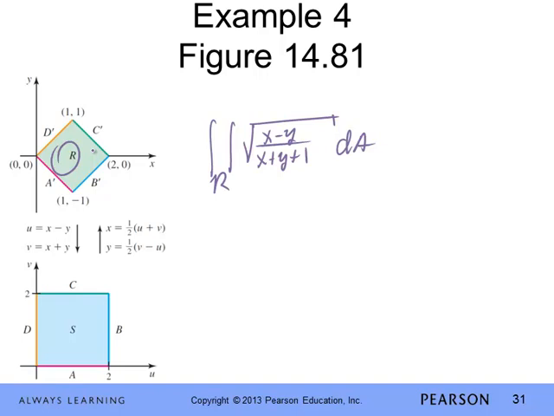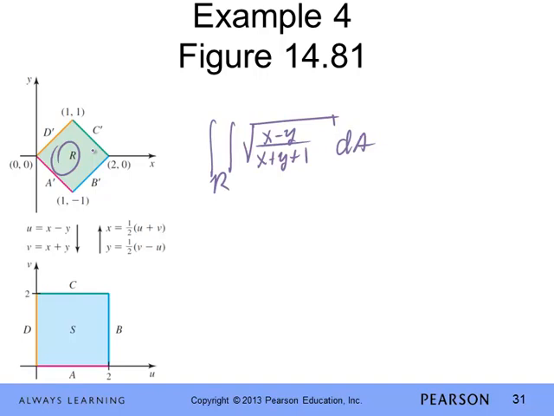Now, we're integrating over this diamond. This boundary up here is the line y equals x, which means x minus y is equal to 0. This blue line is y equals x minus 2, I think, where it hits the y-axis at y coordinate negative 2. This red line right here is y equals negative x, which means y plus x equals 0.